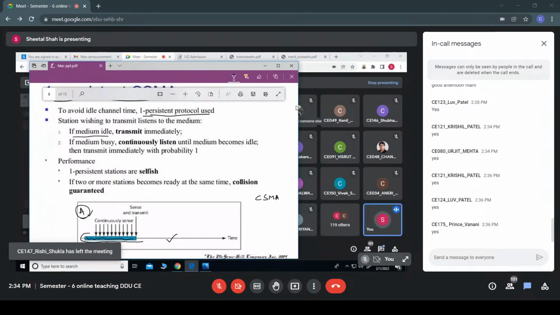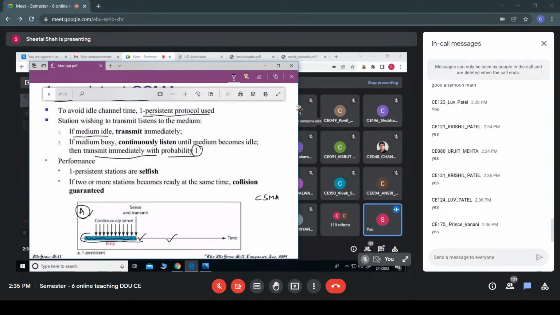If the medium is idle, if the channel is idle, nothing to do, just transmit the frame immediately. Whereas if the channel is busy, if there is some frame on the channel, then it transmits immediately with the probability 1. That means it is sure that as soon as the channel becomes idle, it starts transmitting the frame.